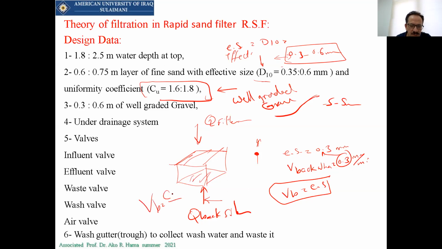The V backwashing is the Q backwashing divided by the area of the filter, while dividing the Q filtration by the area of the filter will give you the filtration rate. So the filtration rate is the Q divided by the area, and the Q backwash is the Q back divided by the area in an opposite way. So this V backwashing should be equal to the effective size. Also, this is an empirical equation, and we have it for this.